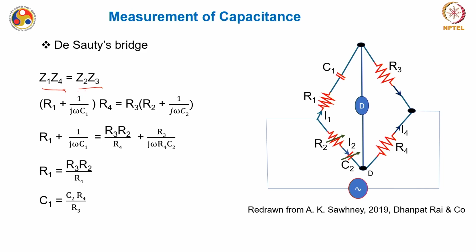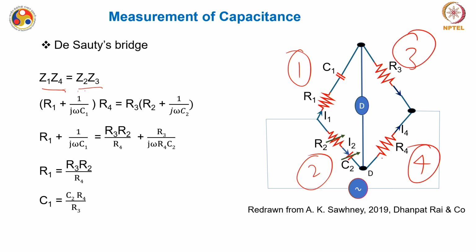This is branch 1, this is branch 2, this is branch 3, and this is branch 4. The impedance of branch 1 is R1 plus 1 by j omega C1, multiplied by the R4 value.